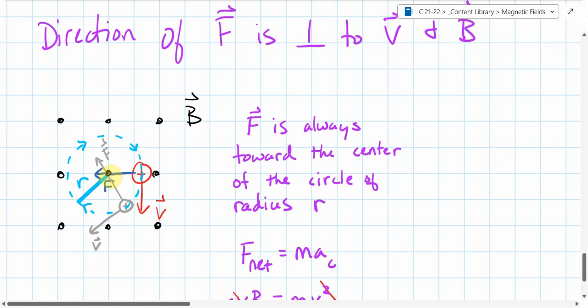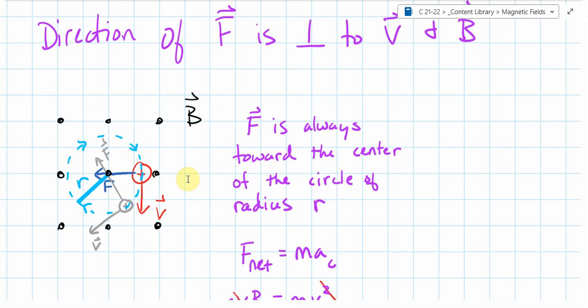Think of the velocity as tangential velocity. If there's a force perpendicular to that, it's going to point toward the center of a circle. And as long as everything's constant, so the magnetic field is constant and you don't leave it, this thing's going to move in a circle with a speed of v and some radius r.